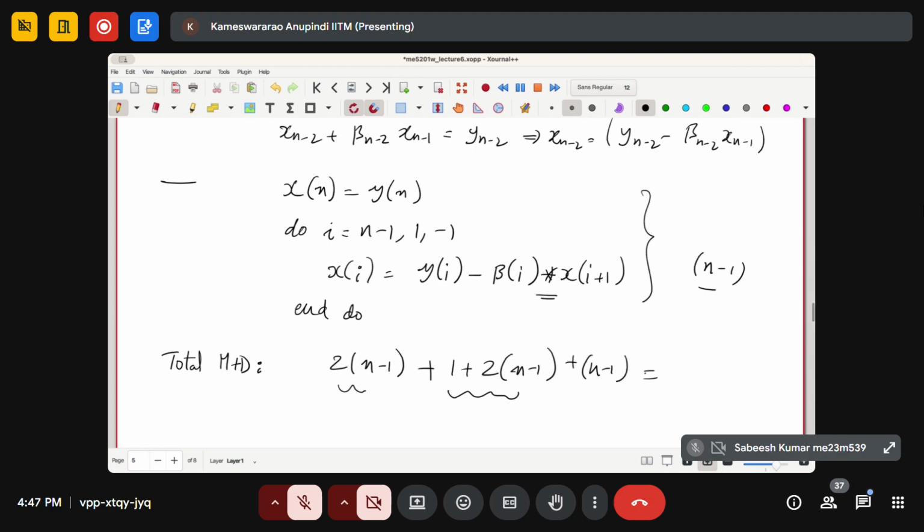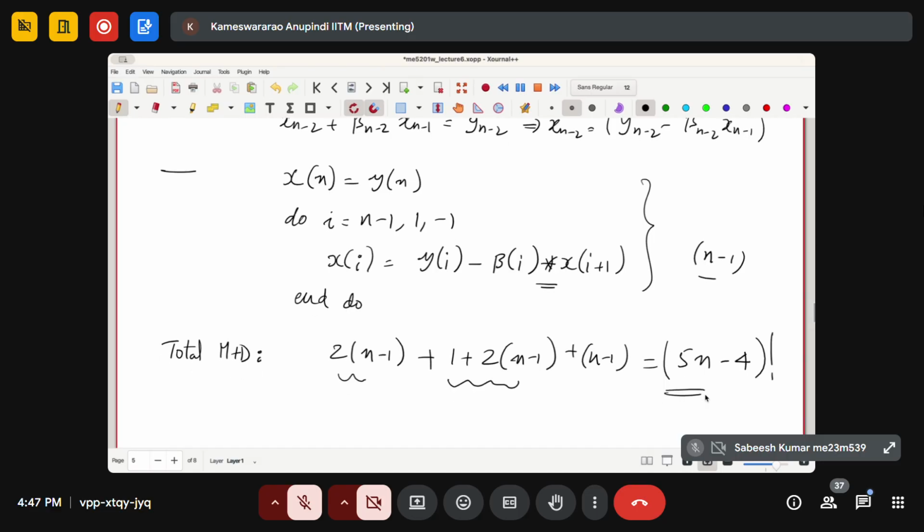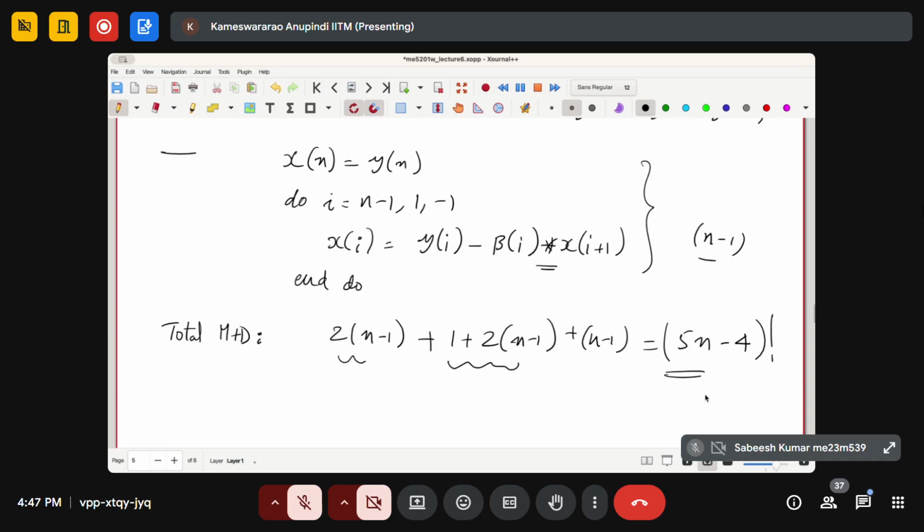Total, that's going to be 2n plus 2n, 4n, plus 1n, 5n. We have minus 1, minus 2 plus 1, that's minus 2, minus 2, minus 4. That's all. So we just have 5n minus 4 operations for LU decomposition of a tridiagonal matrix, which is way cheaper than the n cubed by 3 that we had before.